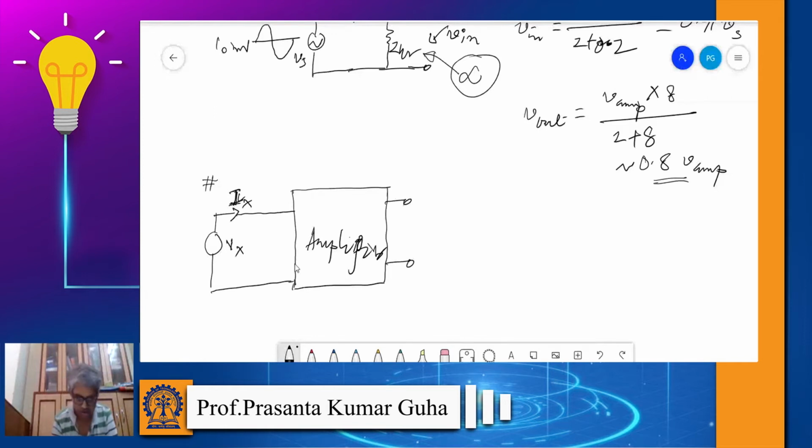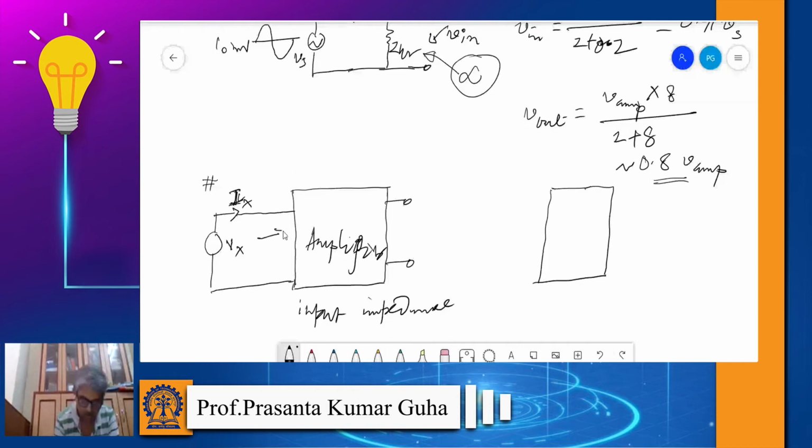So this is for finding the input impedance of the amplifier. What about output impedance? When we try to find output impedance, we are looking in this direction here. We again connect a test voltage at the output, and we measure the current entering through this output port.